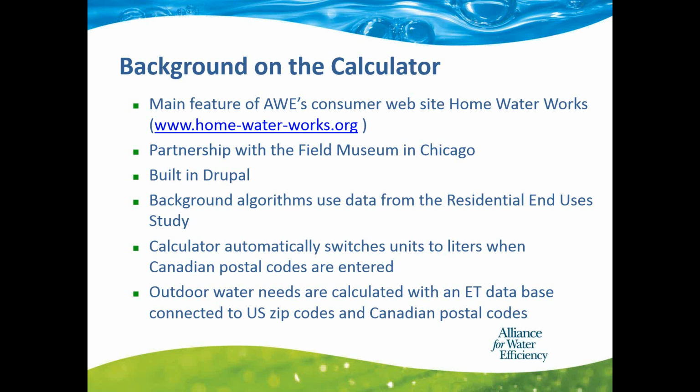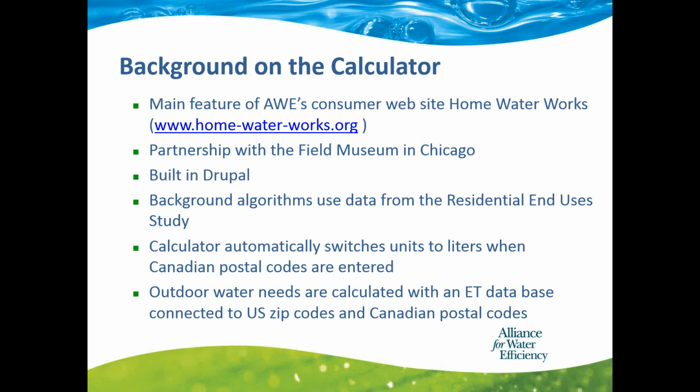And that website, which you see the URL for there, has on its opening page jumping right into our water usage calculator. And when we decided we wanted to build one, we looked around, we saw that there were a number of calculators out there that already existed, some of which were quite beautiful with respect to graphics, and one of those calculators was one built by the Field Museum in Chicago.